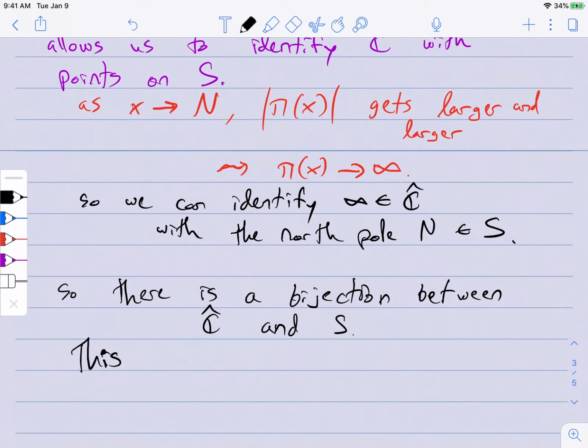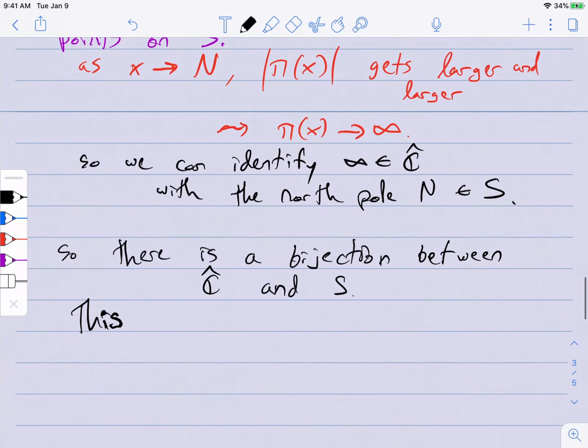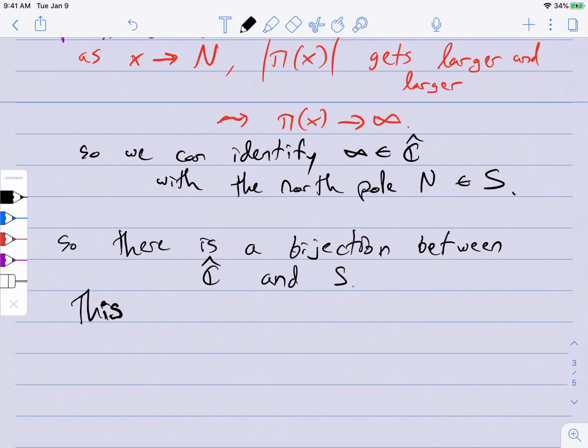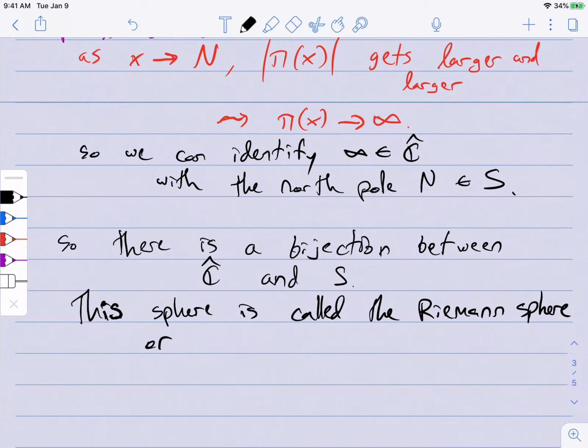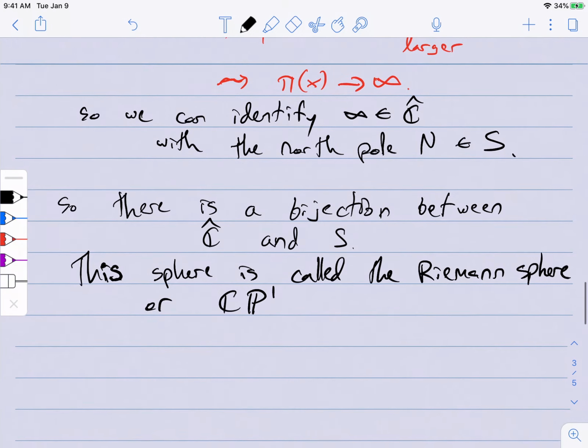So this is actually the beginning of a really interesting story that if you go on to graduate mathematics, you'll explore more. But this sphere is called the Riemann sphere, or the complex projective plane, CP1.